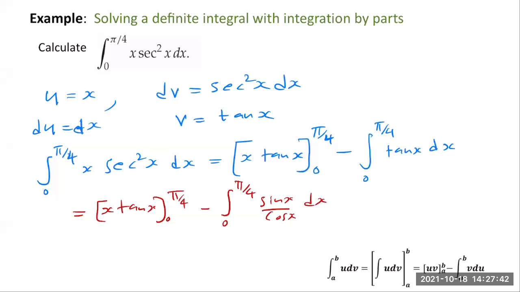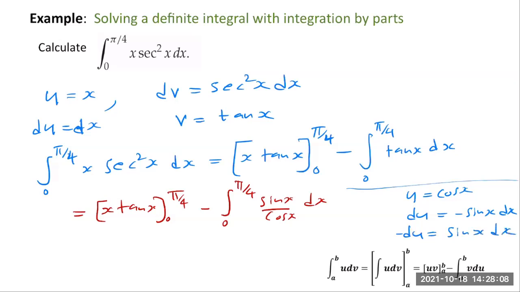Here, to do this integral, I'm going to use a substitution. I'm going to use the substitution u is equal to cosine x. Then you get du is equal to minus sine x dx. That means minus du is equal to sine x dx.